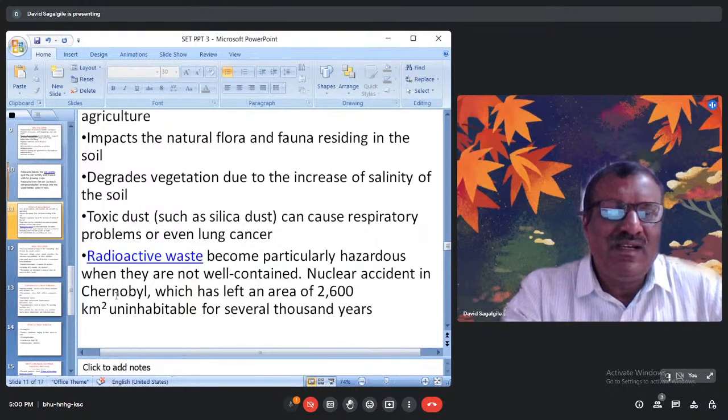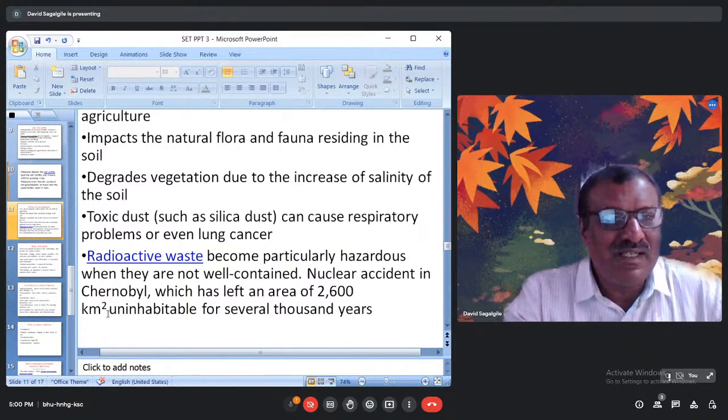Nobody can stay over there. They cannot do farming, and an area of almost 2,600 square kilometers is uninhabitable, and it will continue for several thousand years because of the poisonous radioactive material over there.